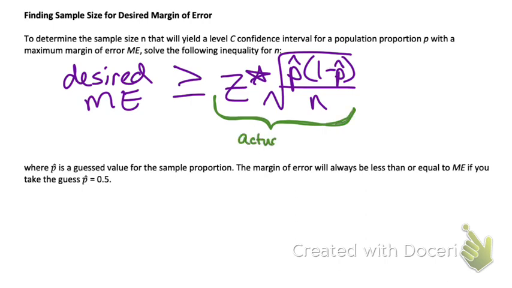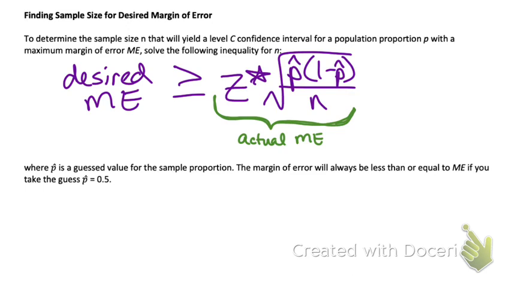This is the actual margin of error. So basically, what this formula is saying is that if I know I want a certain margin of error, and I know I want to be a certain percent confident, therefore I know the z-star critical value, then what size sample should I take?